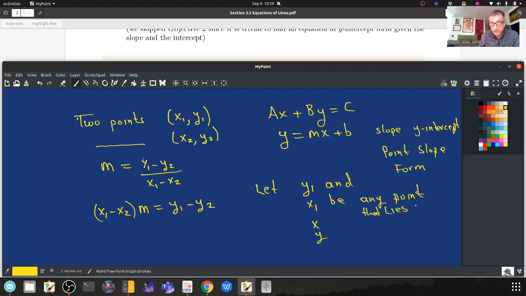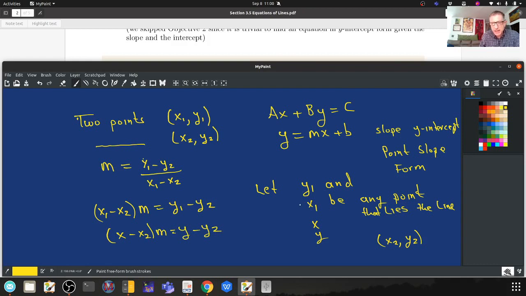Now that's very important. And let x2, y2 be a specific point. Then this equation becomes x minus x2 times m is equal to y minus y2.